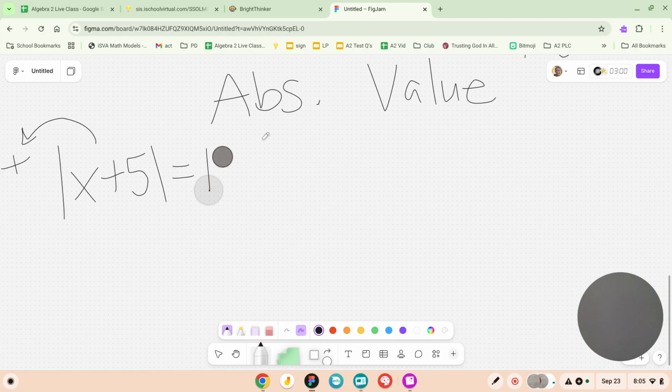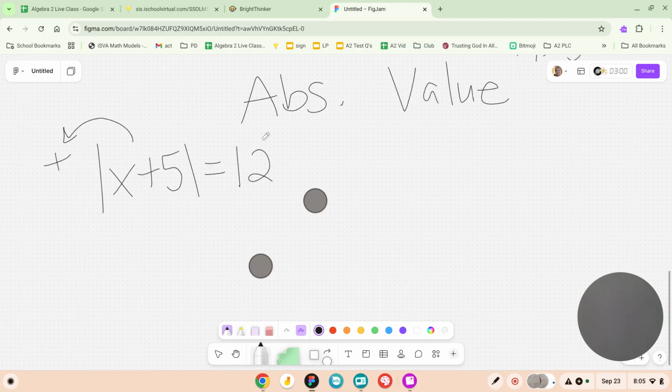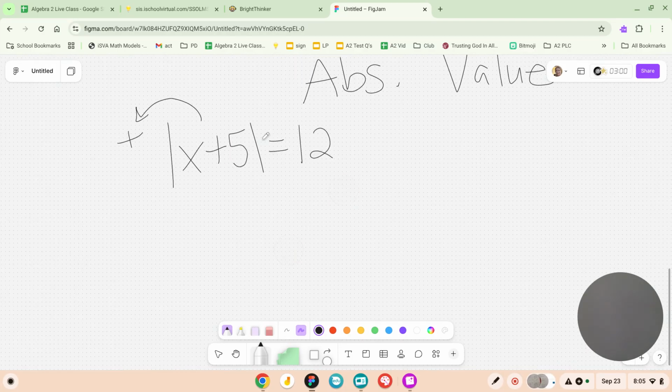And we're going to talk about how to get the possible answers that could be your x. Because whatever is inside of here could become 12 as a negative, or it could become 12 as a positive. So there are two different answers that x could be.